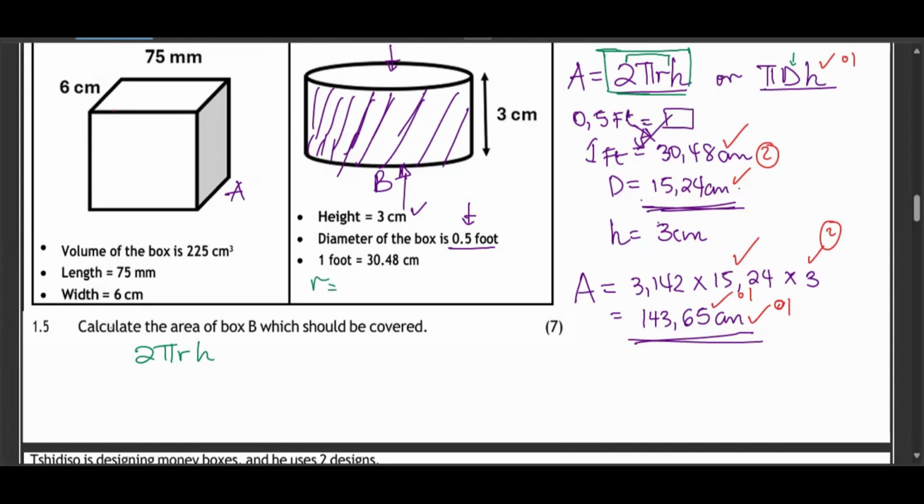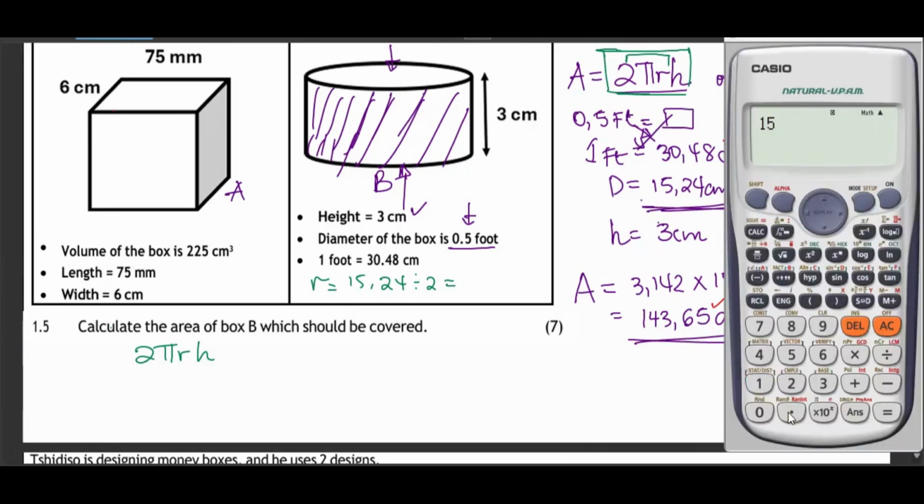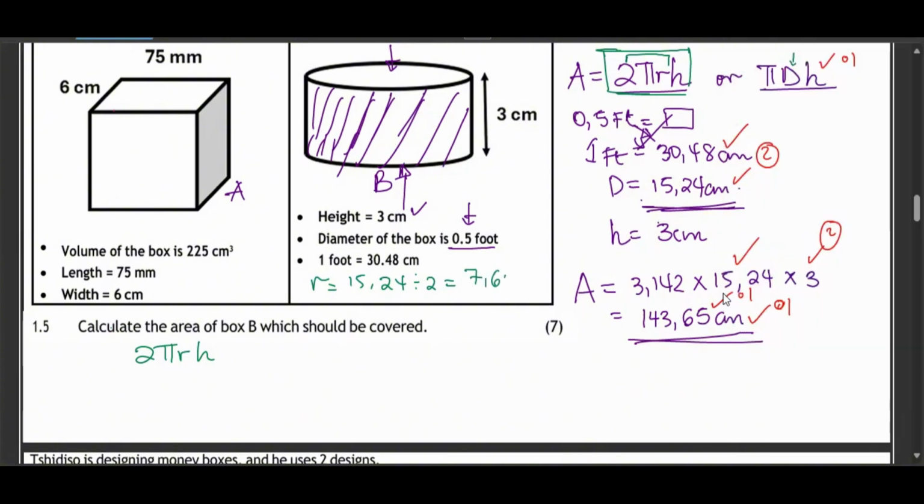Already here, the diameter is 15.24. I've converted that. I need to divide it by 2. 15.24 divided by 2. I have my answer as 7.62. It's my radius.